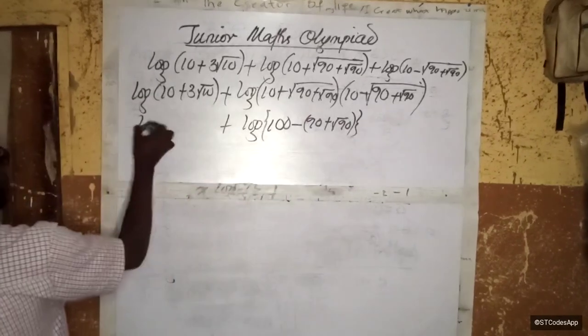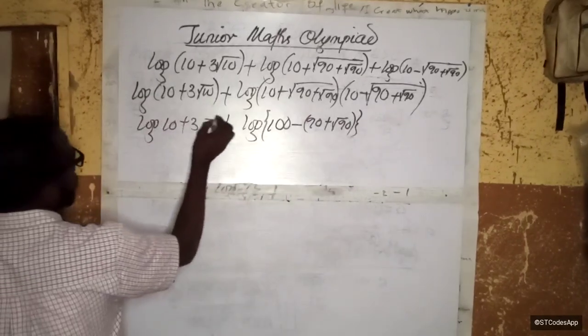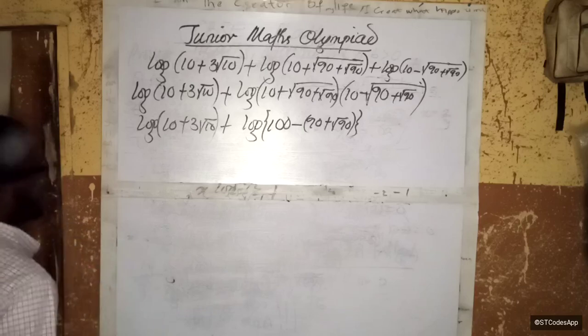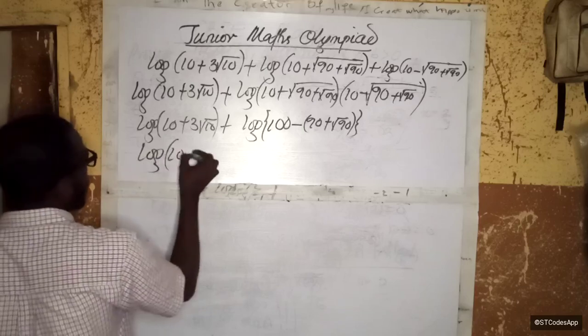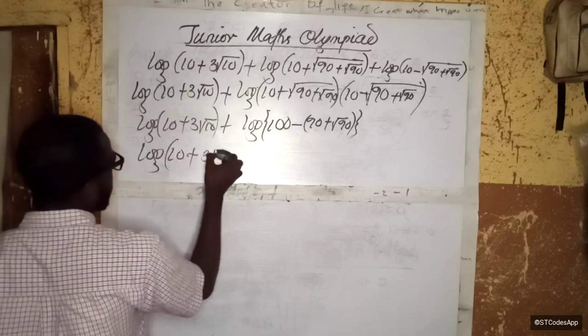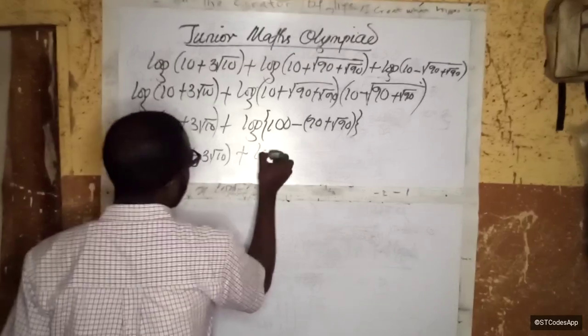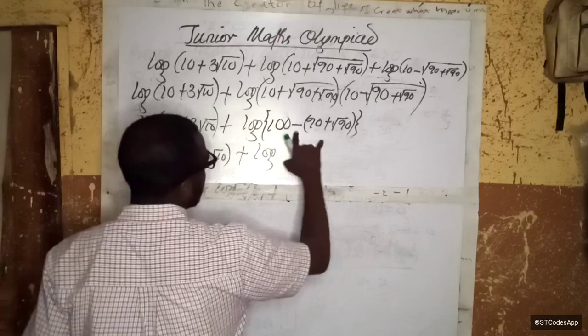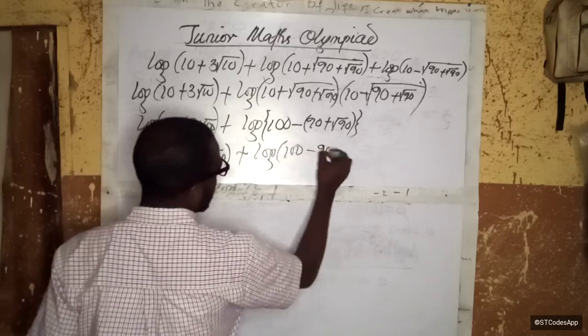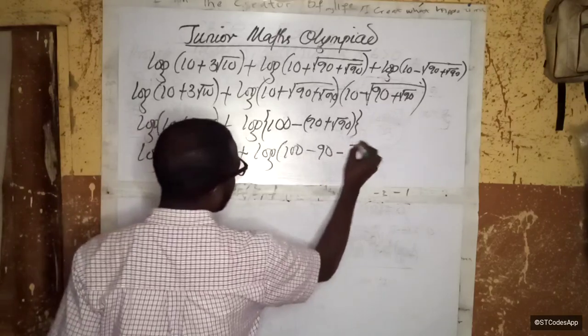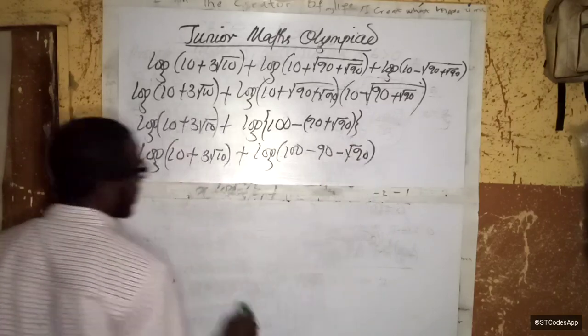And we have log of 10 plus 3 root 10. Alright. So from here we can further say that this will become log of 10 plus 3 root 10 plus log of, the minus is going to be in brackets, log of 100 minus 90 minus root 90, close brackets.